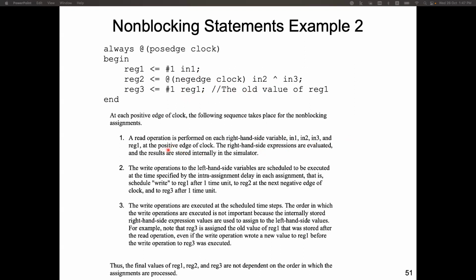At the positive edge of the clock, when the event occurs, all the right-hand side variables are evaluated, and the results are stored internally in the simulator in some temporary registers. So the first step is to read all the right-hand side variables and put them in temporary variables in the simulator.